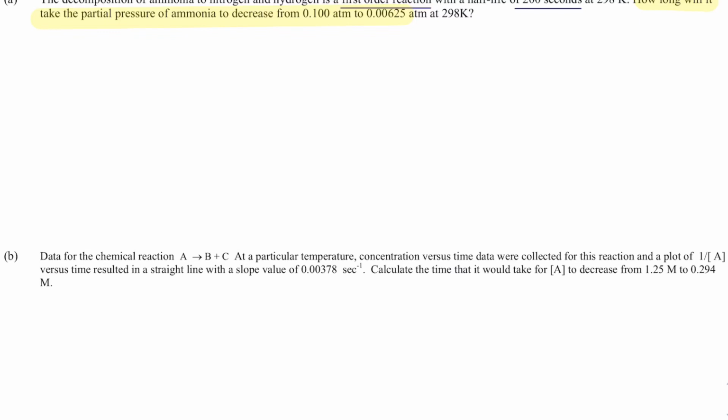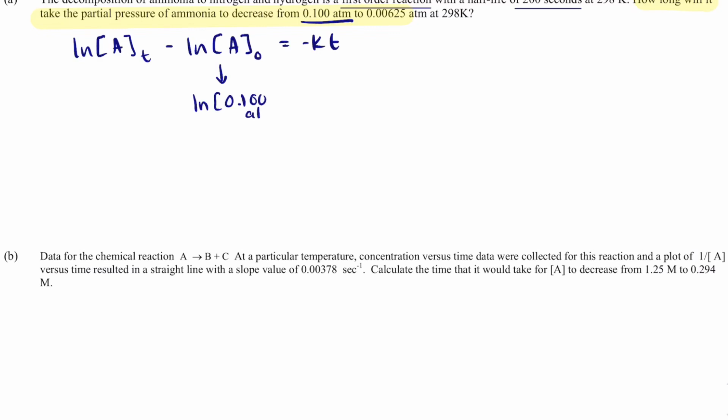So I'm going to write the first order integrated rate law. And the initial pressure, which we can plug in instead of molarity here, is 0.100 ATMs. And then it's 0.00625 ATMs.